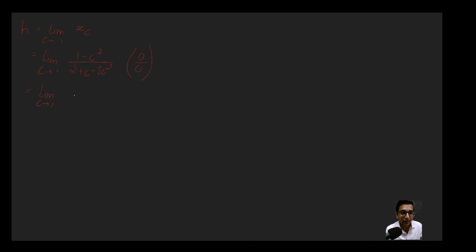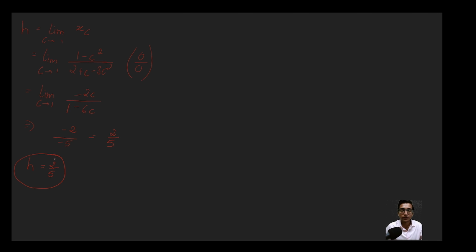So what are we going to get? Minus 2c upon, this would get cancelled, 1 minus 6c. Now if I put the value of c to be 1, what am I going to get? Minus 2 by 1 minus 6, which makes it minus 5. So I am getting 2 by 5 to be my h. So my h is 2 by 5.